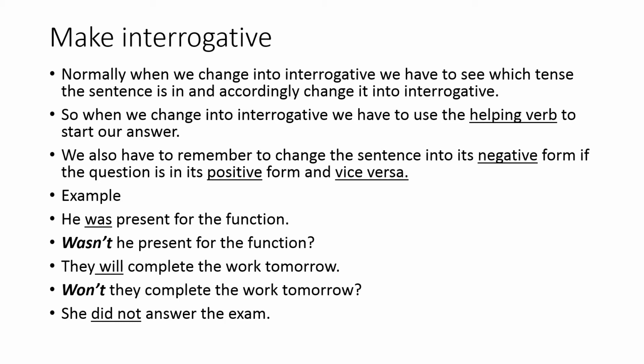So your answer now will become positive. Did she answer the exam? In a hurry, if you put not in your answer, then your answer will be wrong because your question is negative. So be careful whenever you write. If the sentence is negative, you have to give it a positive answer. This you have to remember.